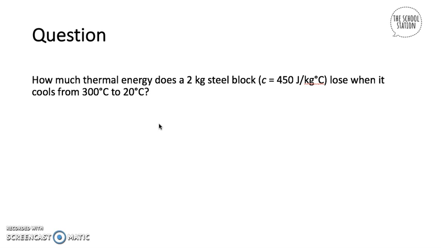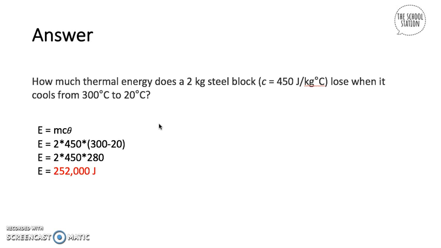Alright guys, I hope you've tried out this question. So here is the answer. Over here you can see that the answer is 252,000 joules, and the reason why is that I started off by writing down the heat energy formula. E is equal to mc theta, and we're going to use this formula exactly as it is set up because they're asking for the heat energy.